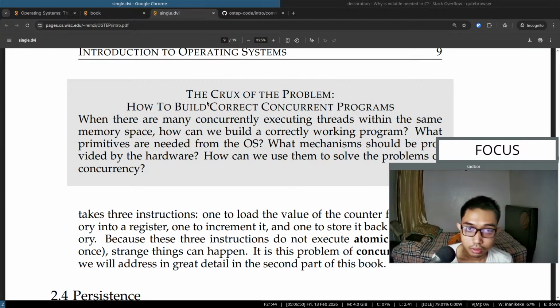The crux of the problem: how to build correct concurrent programs.